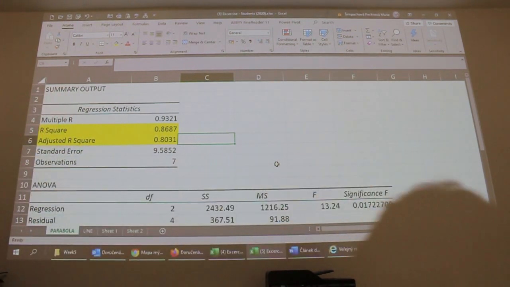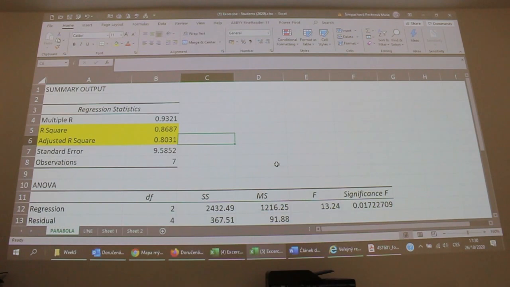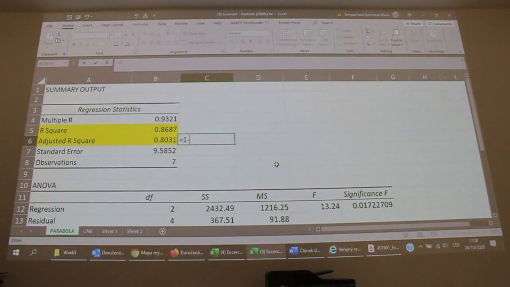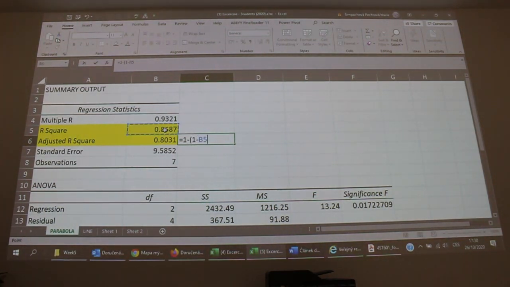So please solve this. Equal sign, 1 minus, in parentheses, 1 minus the original value of R squared, close parenthesis, times, and there is the ratio 7 minus 1, divided by 7 minus 3. Why 3? Because this is a parabola. You are using 3 b's: b0, b1, b2.